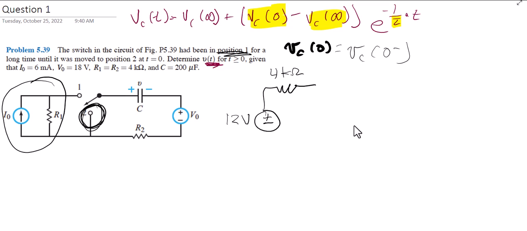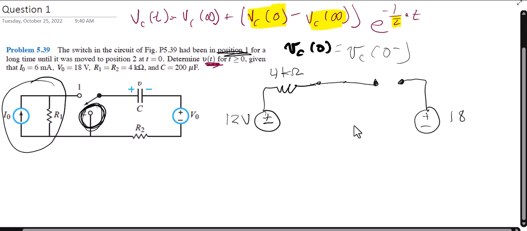The switch was in position 1, so it's right there, that was our switch. We have a capacitor. Now, it had been that way for a long time, and for a long time, a capacitor under DC conditions acts like an open circuit. So that's how I'm going to draw it, as an open circuit. And this voltage source is 18.